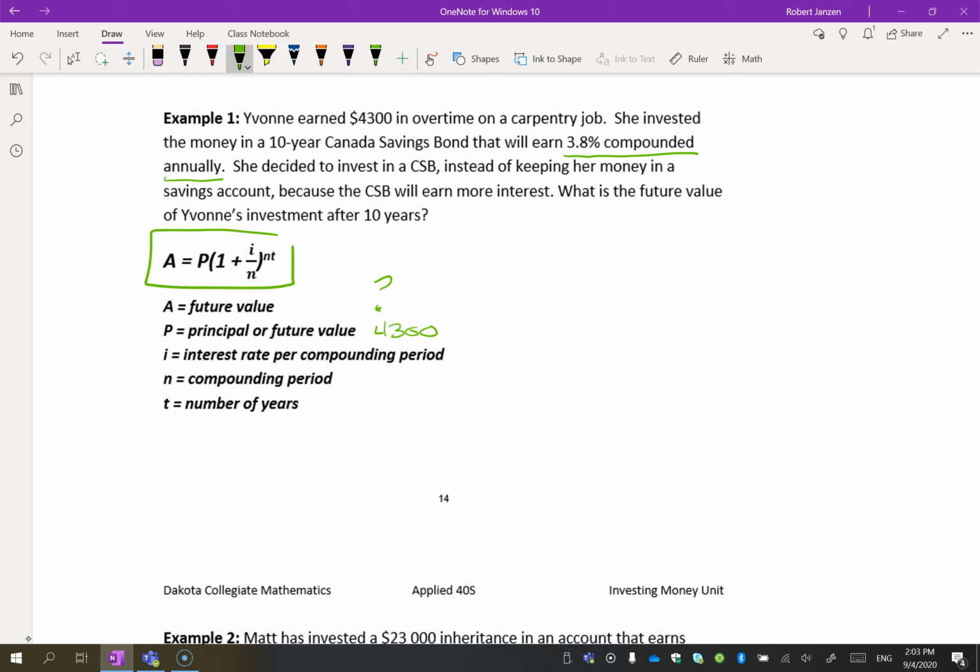The interest rate is 3.8, so 0.038. The compounding period, how many times is it compounded in a year? Just once. And how many years? 10 years. So A equals 4,300 times (1 plus 0.038 over 1) to the power of 1 times 10.